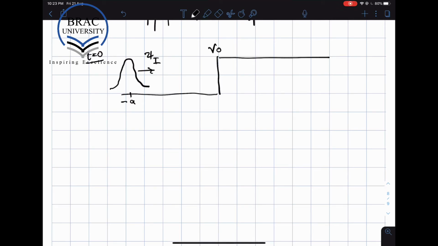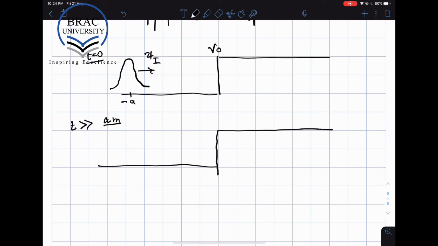And after a long time, where t is much greater than the time it took for the Gaussian to go and hit the wall. And what is that time? That time is given by am over p naught.